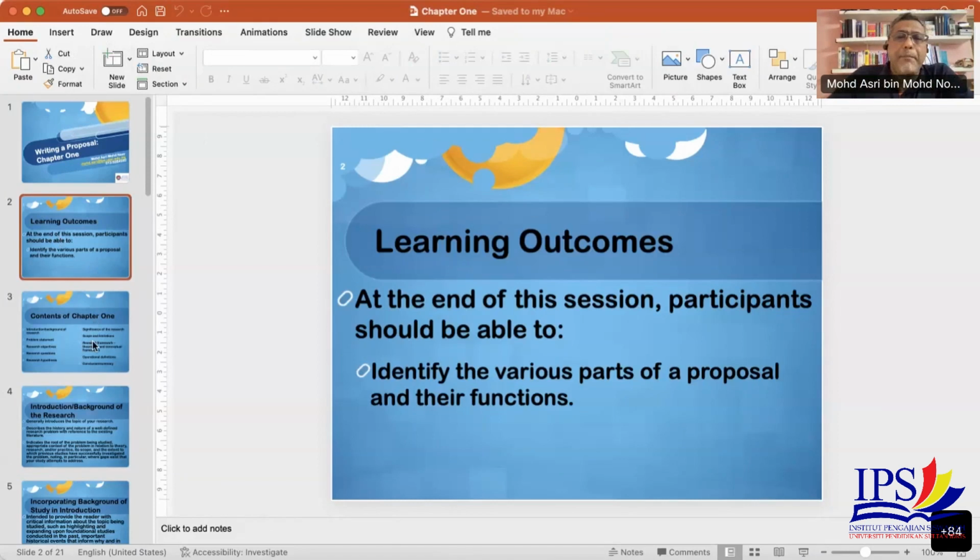Like in the case of instructional leadership just now, you may start with a very brief, general introduction to leadership, and then you start zooming into instructional leadership, why it is important, and so on and so forth, without actually discussing the problem yet.